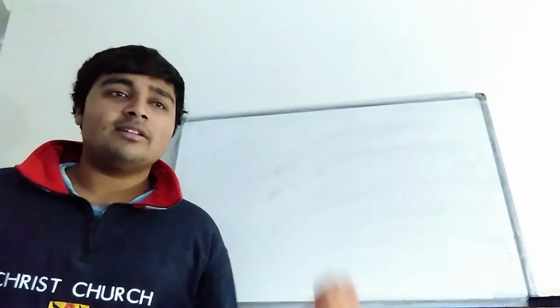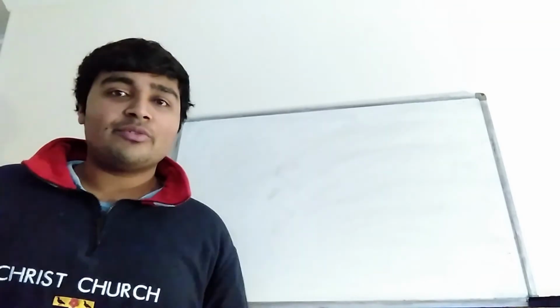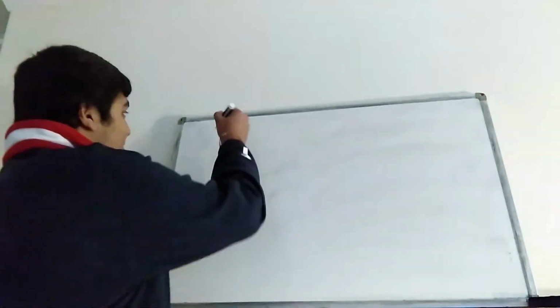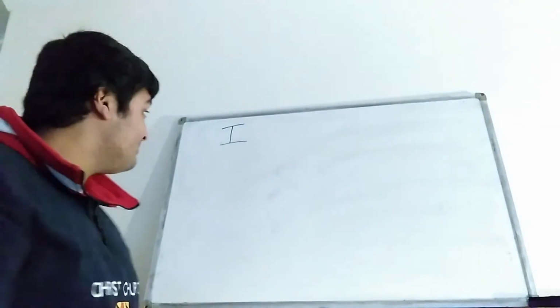I claim that the disjoint union of open intervals on the real line must be countable, and the reason for that is, suppose we have a collection I of intervals which are disjoint and open.